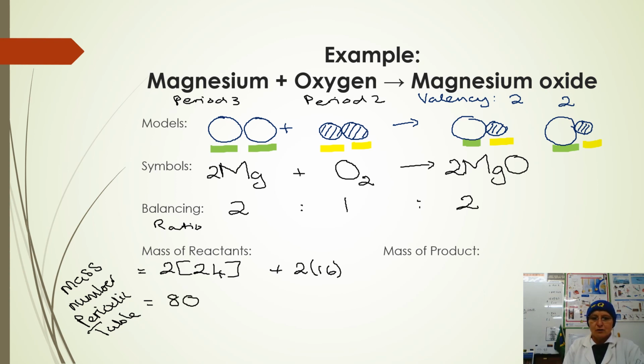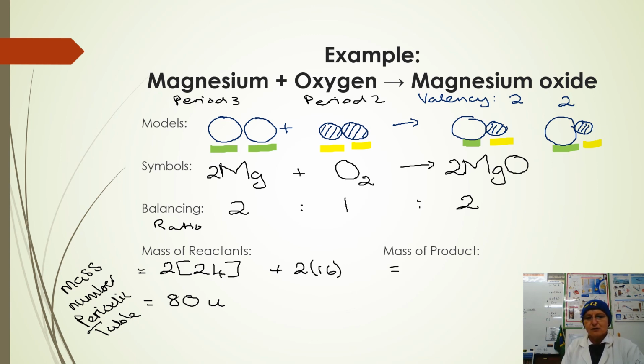Now, in chemistry, when we look at atoms, we don't measure the mass in grams or kilograms. We say atomic mass units, and we just use a U for units. The mass of the product is the following.